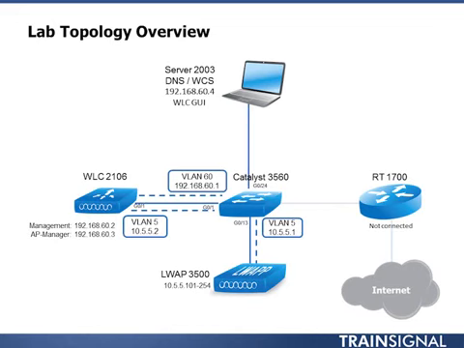You will notice that on the wireless LAN controller I've configured it with a management interface of 192.168.60.2, and my AP manager interface is 192.168.60.3.